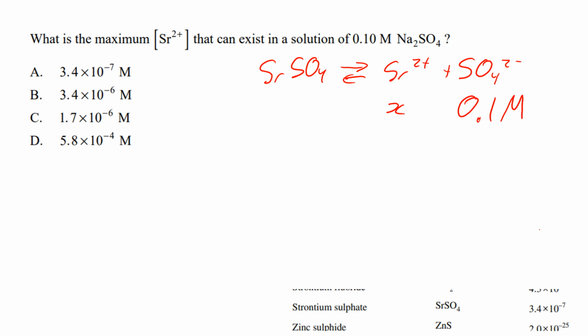I very quickly just got rid of my spectator, but I want to remember that if this was some other type of different spectator, it could hypothetically change the concentration of SO4. Let's imagine it was some crazy spectator, we'll just say spectator X, and then it had SO4 and then a 2 on the outside.